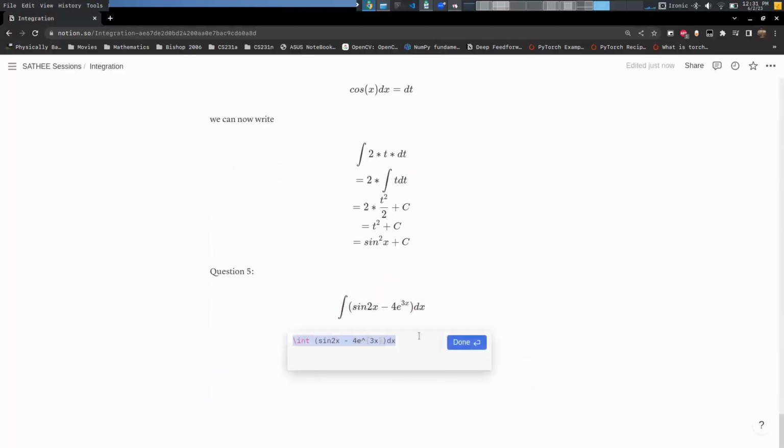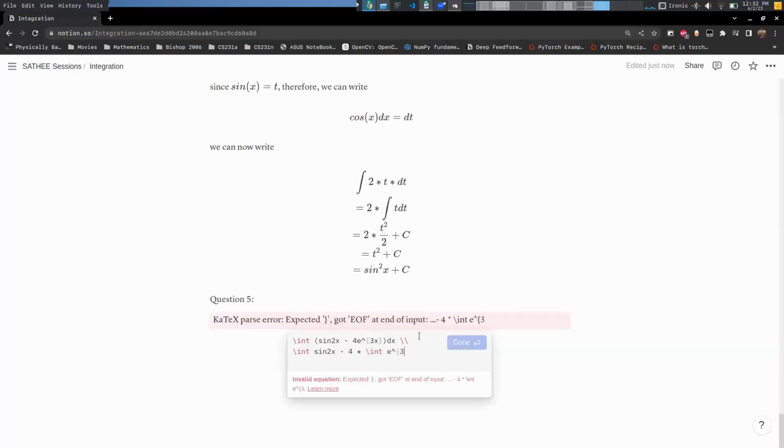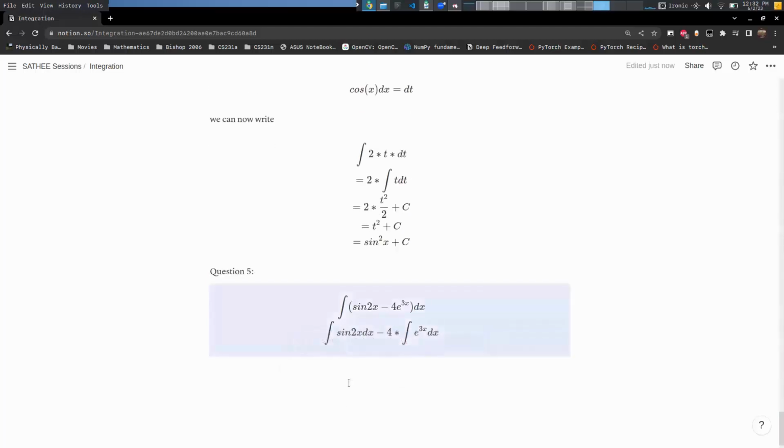So we can write it as integral of sine 2x minus 4 times integral of e to the power 3x. And now you can see the integral for sine 2x. So let us write it using the trick that I showed you today. Sine 2x, as you can see, is linear in x. The argument of sine is linear in x.